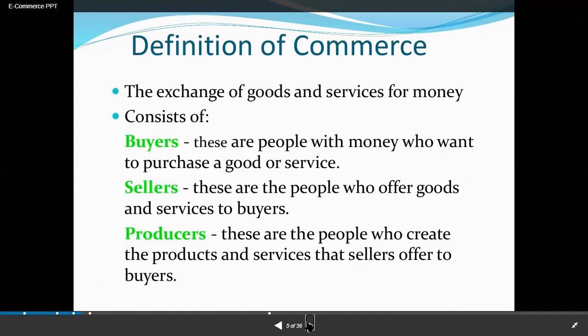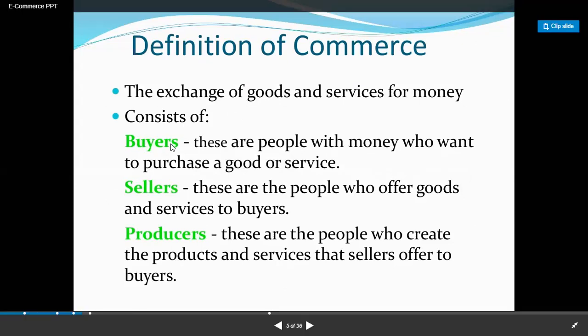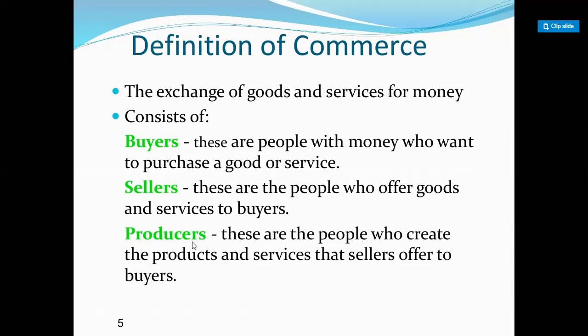Next we have the definition of commerce, which is the exchange of goods and services for money. When you are exchanging goods and services, we need buyers who will buy, sellers, the persons who are offering goods to you, and producers who are producing or creating something, or providing services to sell.